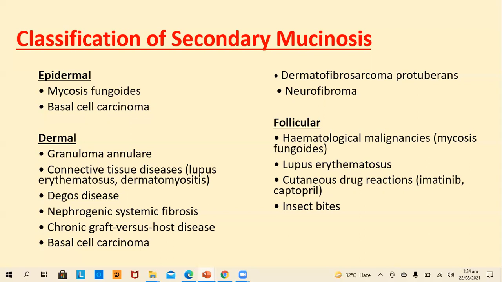Causes of secondary follicular mucinosis are hematological malignancies like mycosis fungoides, or follicular mucinosis associated with mycosis fungoides, lupus erythematosus, cutaneous drug reactions like imatinib and captopril, and insect bites.